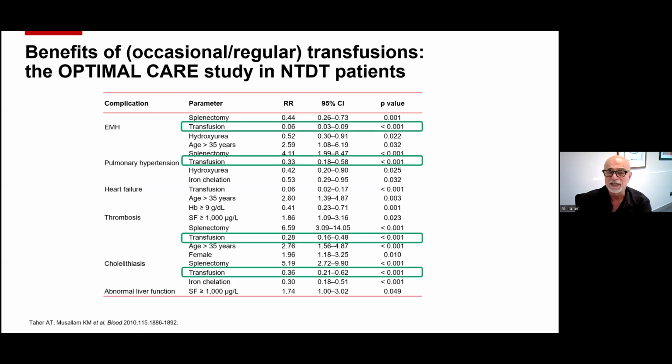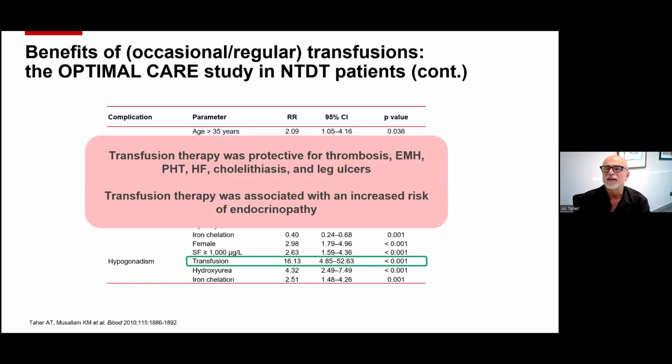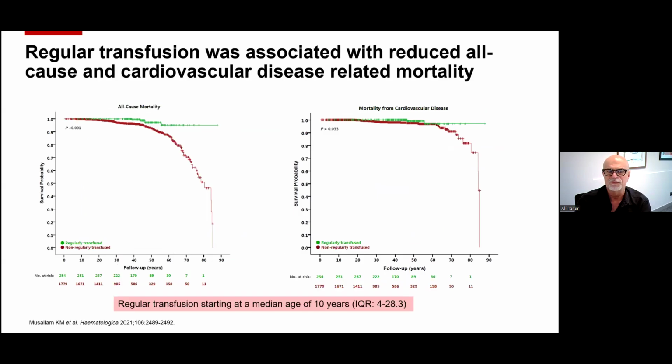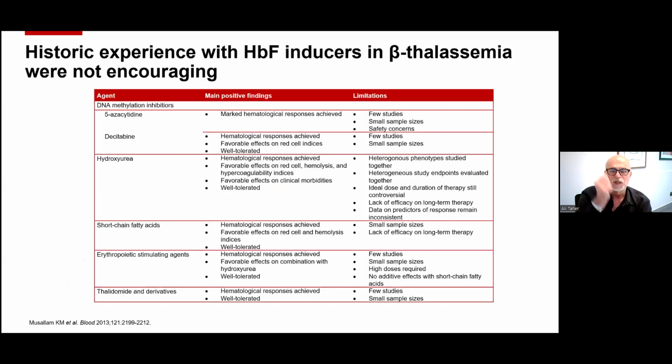Although data have shown clearly that when you transfuse them or when you increase their hemoglobin, this is protective against multiple morbidities in this group of patients. So regular transfusion or even irregular transfusion in this group, starting after the age of 10, would improve the survival of this group of patients. Now, to increase hemoglobin, we have several modalities. Some of them are still very small trials.